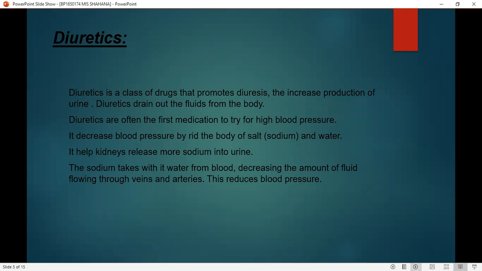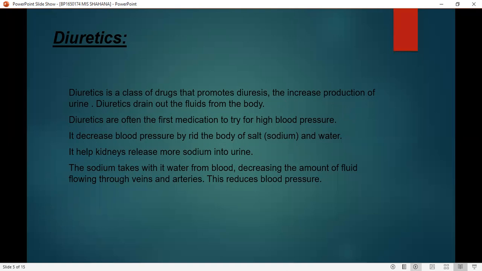Diuretics drain out the fluids from the body. For diuretics, remember three D's. Number one, decrease blood pressure. Number two, drain out the fluid. Number three, dehydration. Diuretics are often considered the first line medication for treatment of high blood pressure.